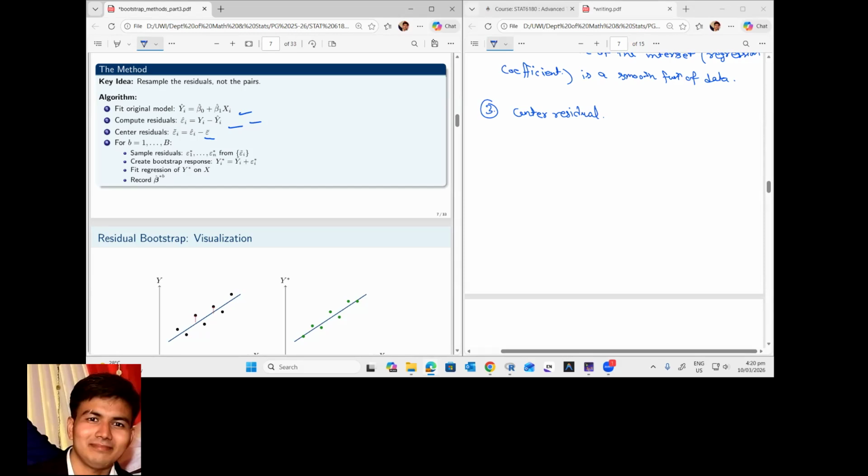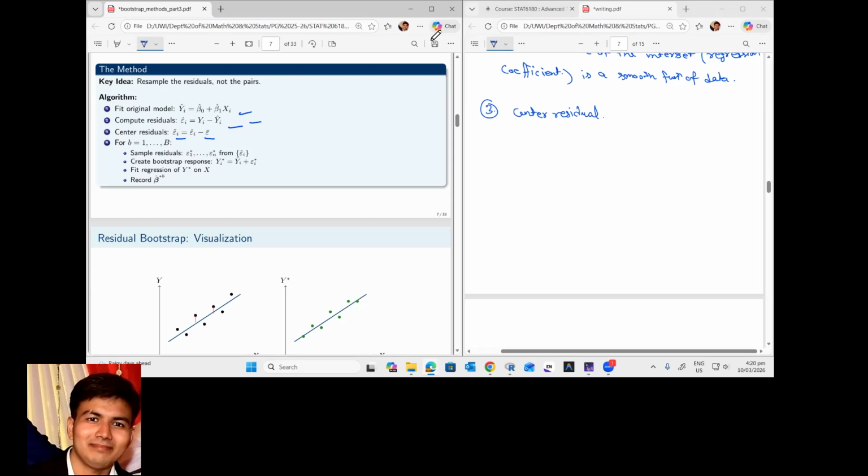So the centered residuals epsilon_i have mean zero and the same variance as the original residuals. They form an empirical distribution with mean zero, which we will use as a proxy for the true error distribution.